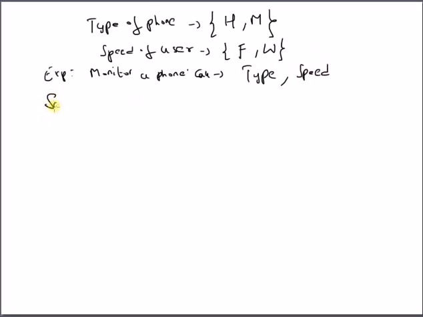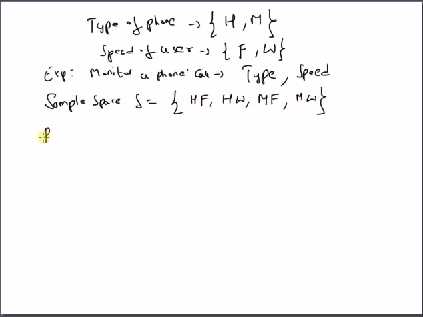So the sample space consists of four possible outcomes, that is either a cell phone and a fast user, cell phone and a slow user. The speed is basically the speed of the vehicle of the user. So a mobile phone and a fast user, and also mobile phone and a slow user. So there are four possible outcomes.